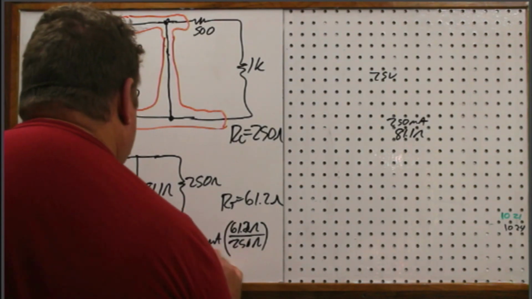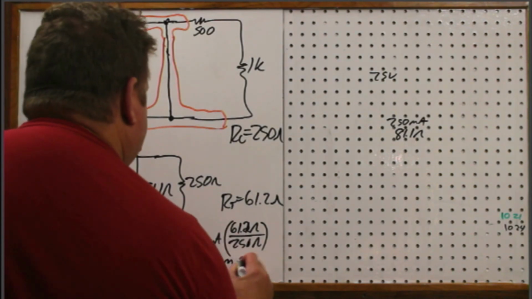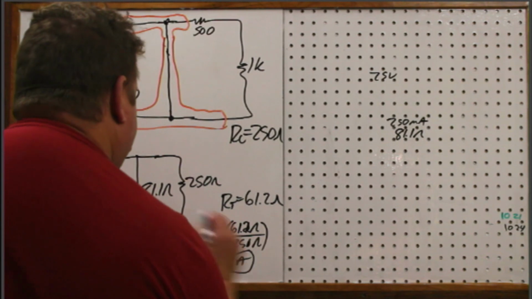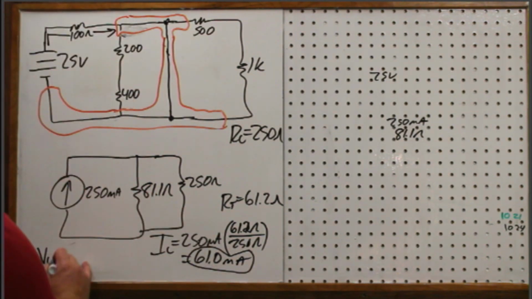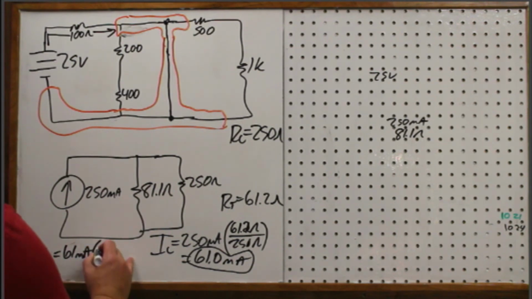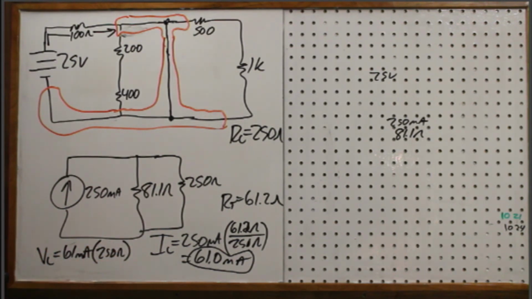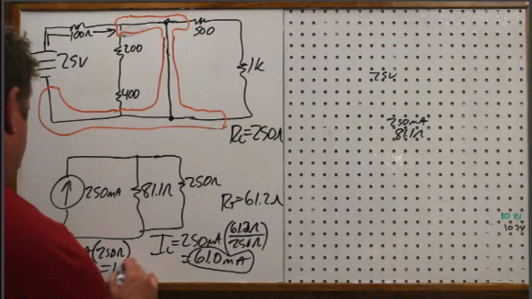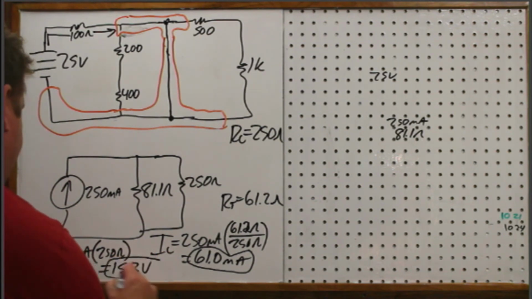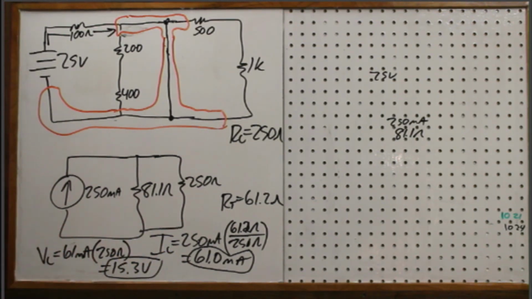I'm going to round that. Milliamps. And so then for the load, I'm going to take the 61 milliamps times the 250 ohms to find the voltage drop. And 15.3 volts. So 15.3 volts and 61 milliamps.